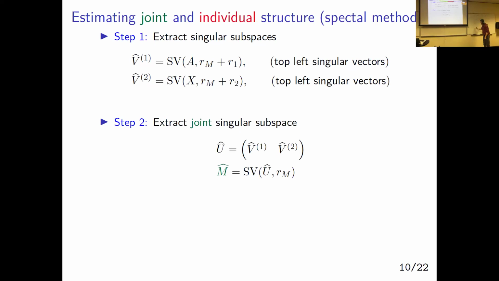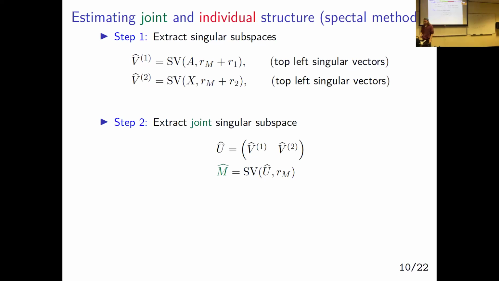So if V1 hat is approximately M R1, we'll have approximately M R1 in the first part, and when we concatenate, we'll have approximately M R2 in the second part. Okay, so that's the heuristic.